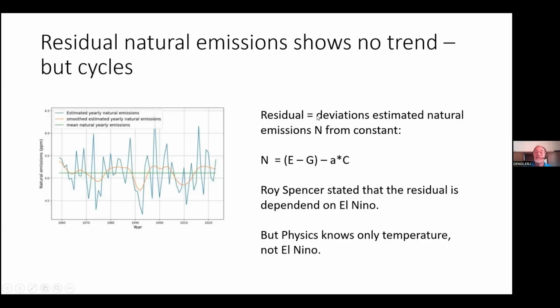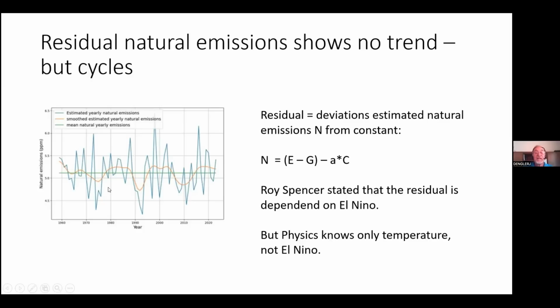These are the deviations of estimated natural emissions from the constant emissions. Here the green line would be the constant emissions of 5.2 ppm. The blue line, these are the measured emissions. And if we smooth them, we get a kind of cyclic curve.